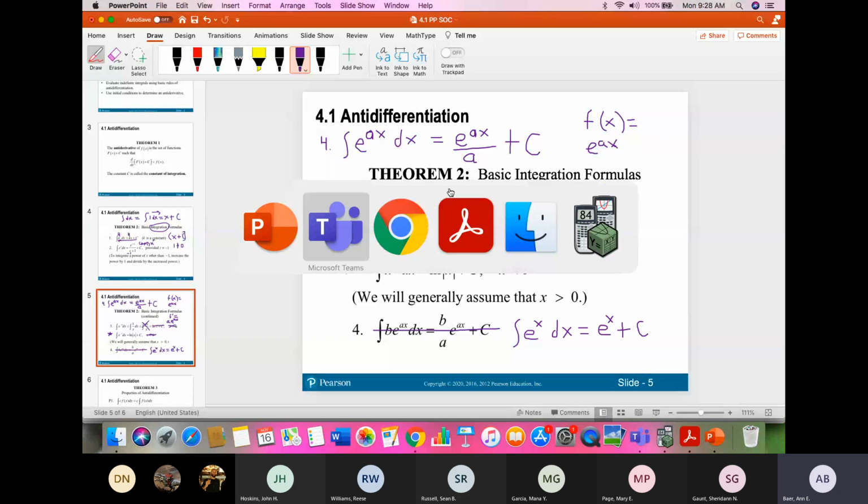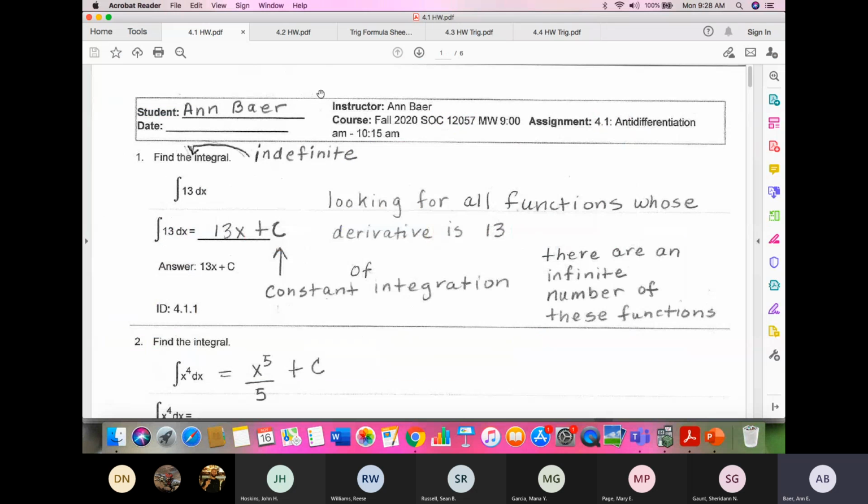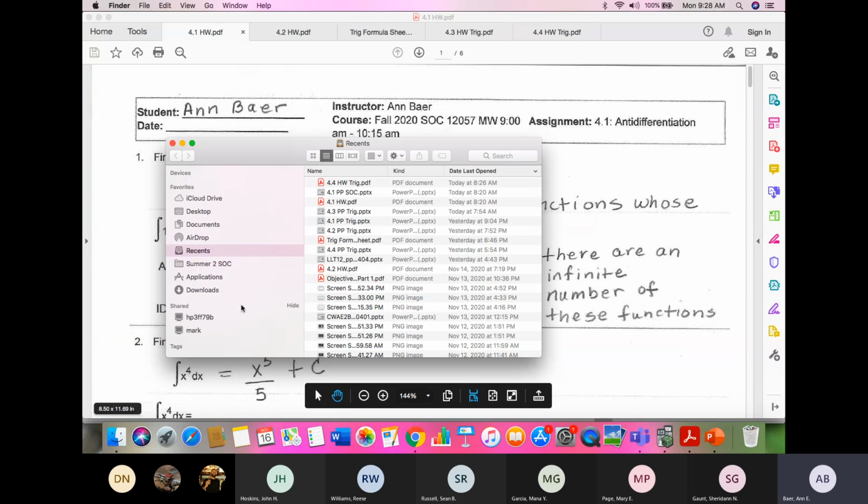Let's just take a quick peek at the formula sheet for a moment. I had the formula sheet up and I said, oh no, we're not going to use it.